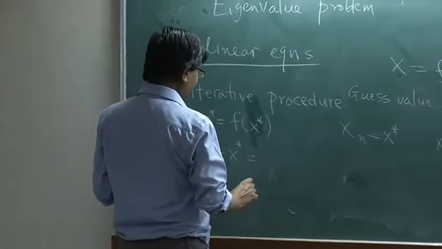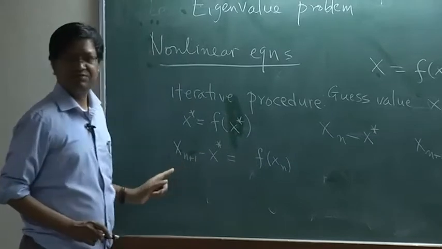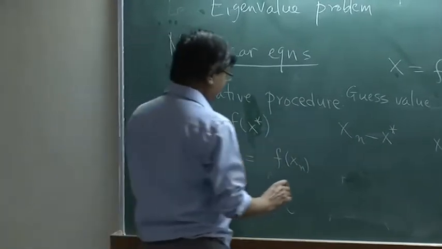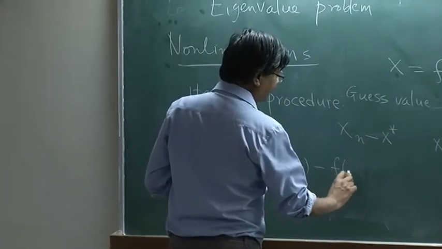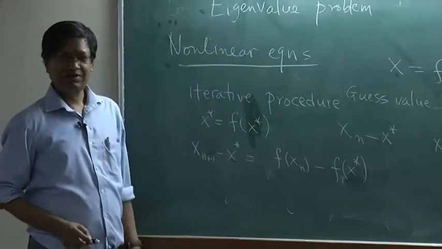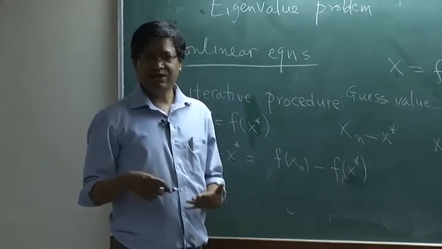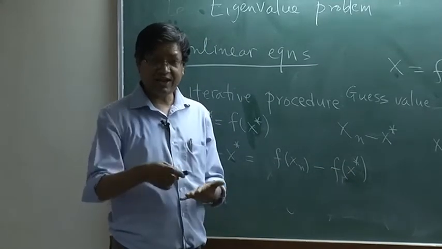So what is x_(n+1) minus x star? x_(n+1) is f(x_n) by definition. And x star is the same as f(x star), because that is a solution. Now since x_n and x star are close by, I can do a Taylor expansion.